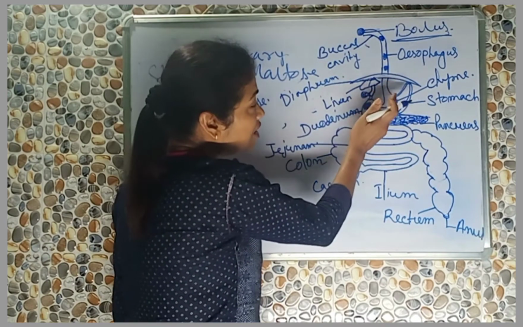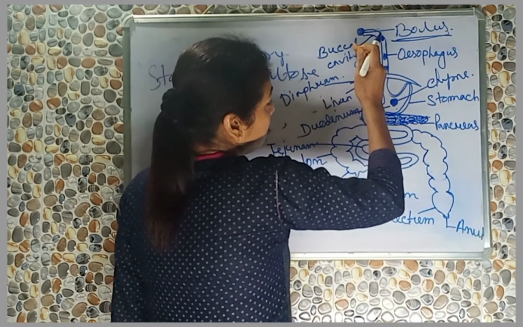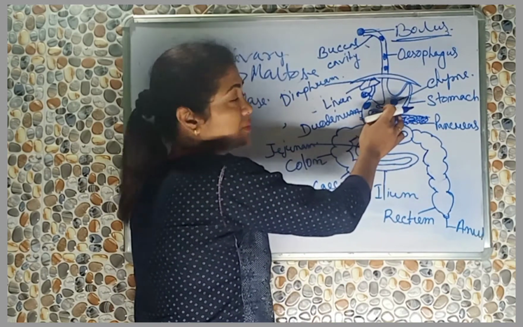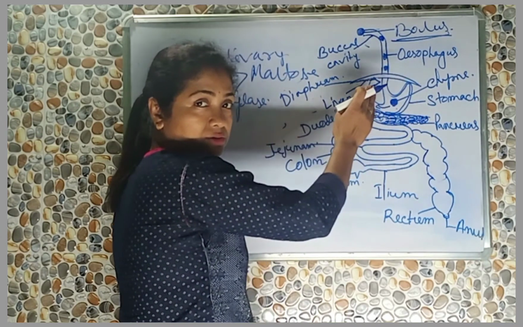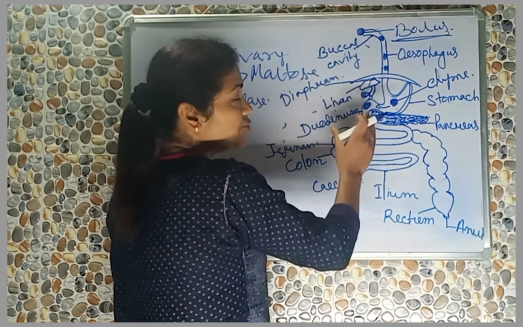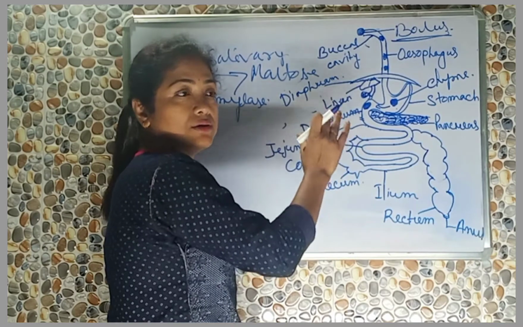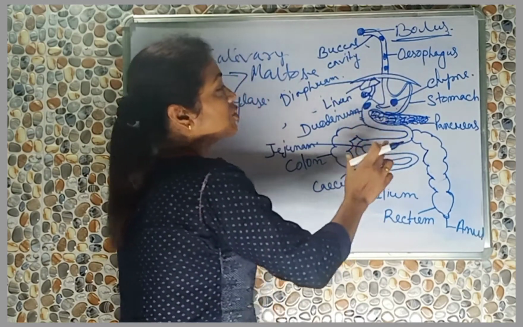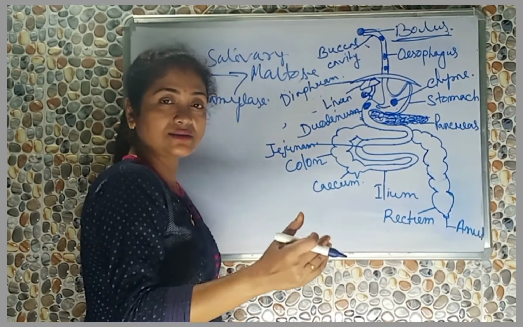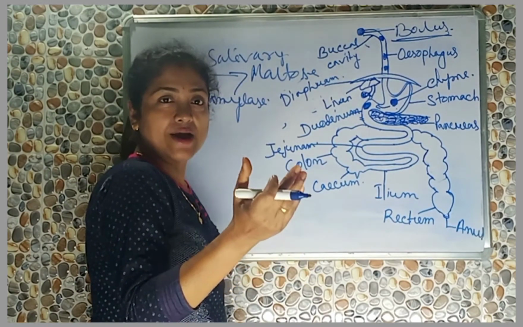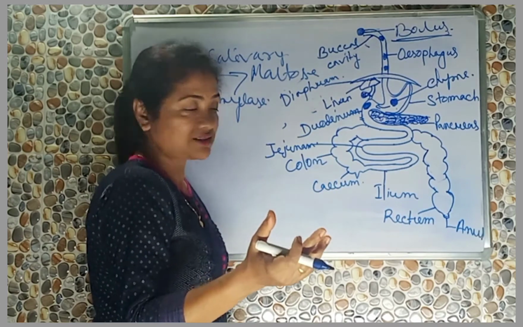So just after entering inside the stomach, the gastric glands secrete hydrochloric acid and digestive enzymes. And gastric glands consist of three types of cells: parietal cell, chief cell and mucus cell, as I had told you on my previous class.